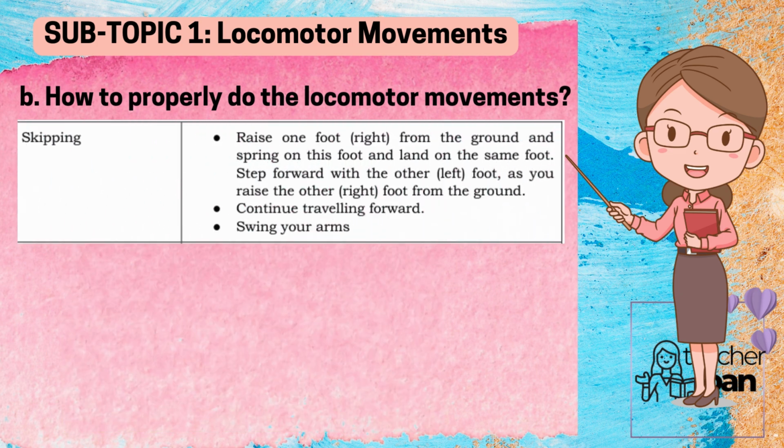Skipping. Raise one foot from the ground and spring on this foot and land on the same foot. Step forward with the other foot as you raise the other foot from the ground. Continue traveling forward. Swing your arms.